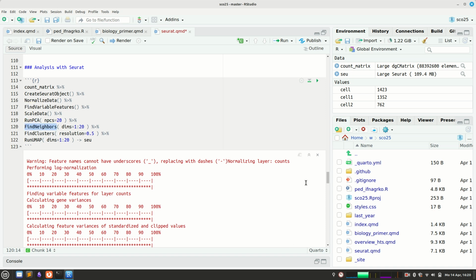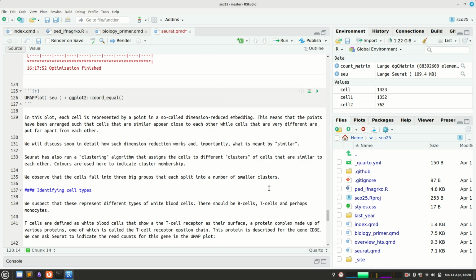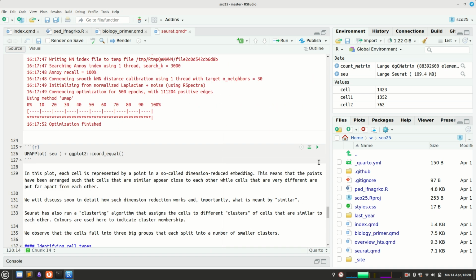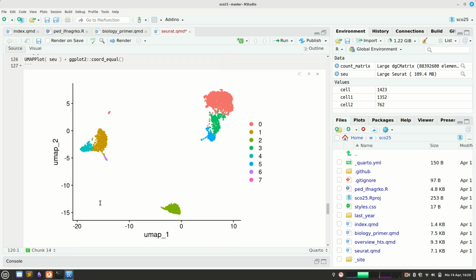And then what we do is we want to group our cells into groups of similar cells. And what we get out in the end is, let me quickly show you how this looks, this here. Each point in this so-called UMAP plot is a cell, one of the 2,700 cells.